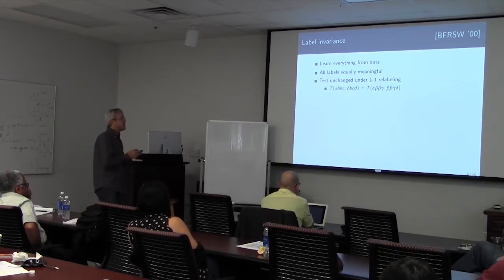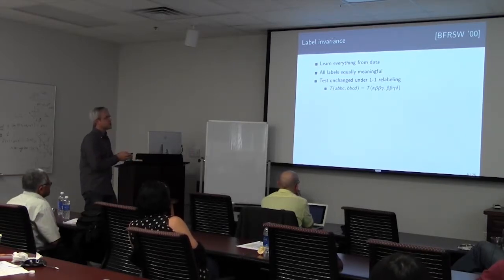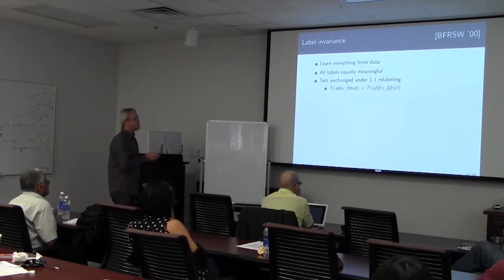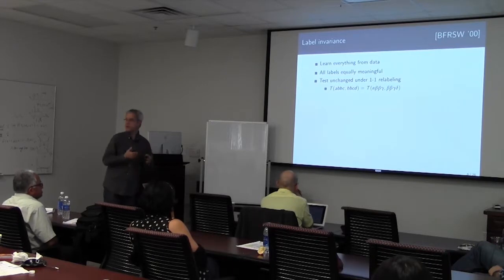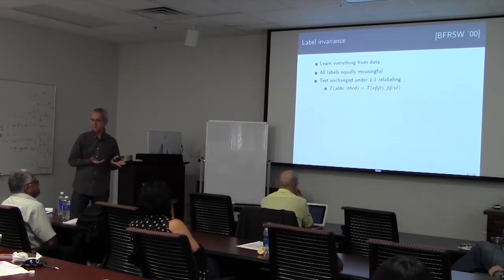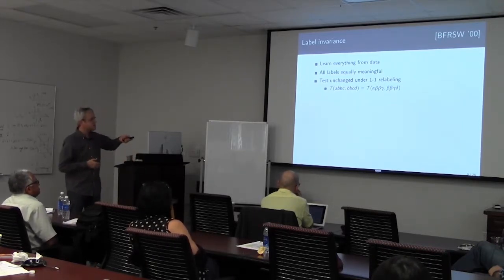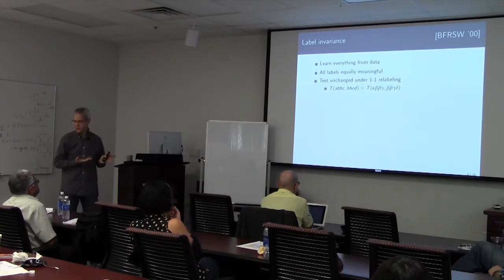Maybe it will say the same. Whatever the answer it gave here, it should also be the answer here when we just change every A to alpha, every B to beta, and every C to gamma and so on. So if we change, the answer should obviously be the same. Right? It cannot be that the test will tell you these are the same and these are different. That doesn't make sense.